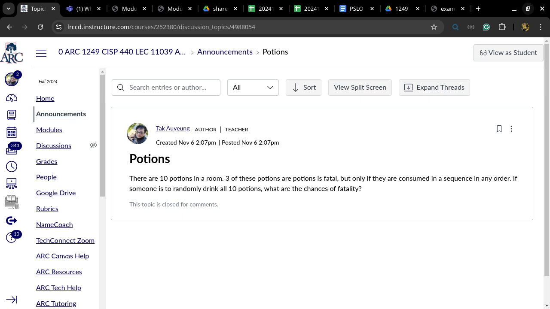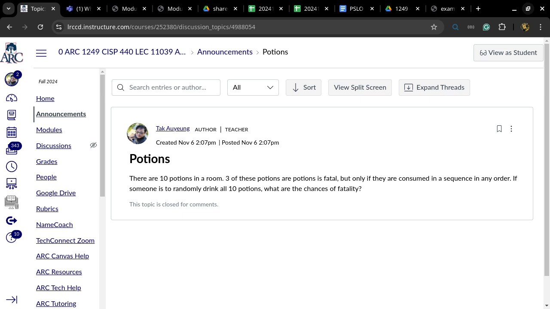So how do you analyze this problem? Yes. Yep. So let's say potions A, B, and C out of the 10 potions are the 3 that can be potentially deadly. So that means you have to be consuming A, B, C consecutively.